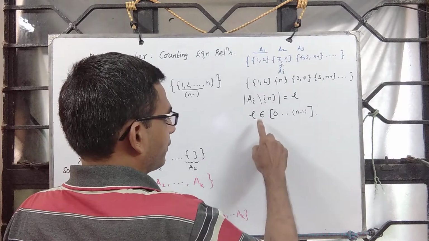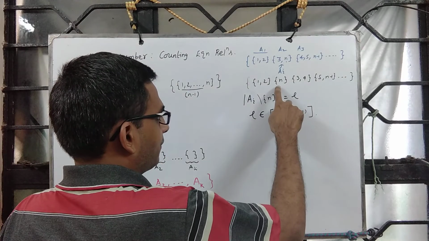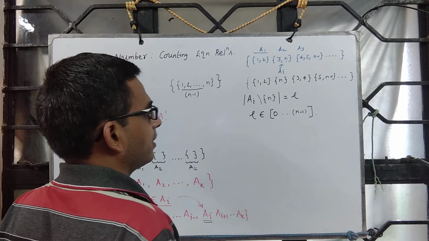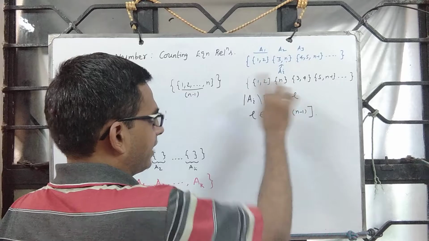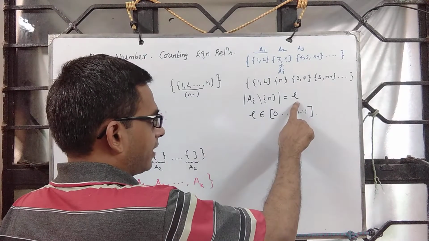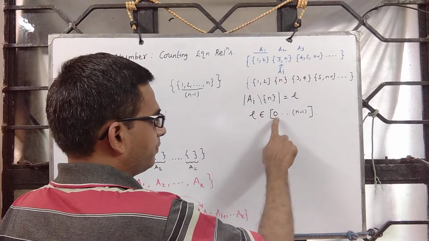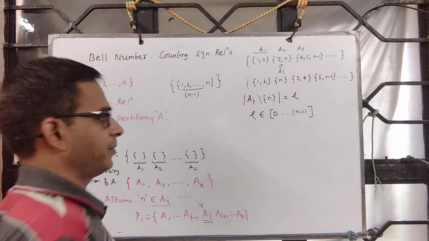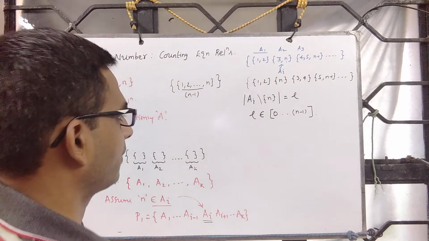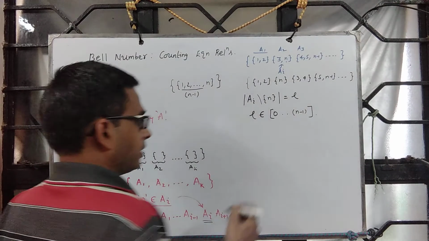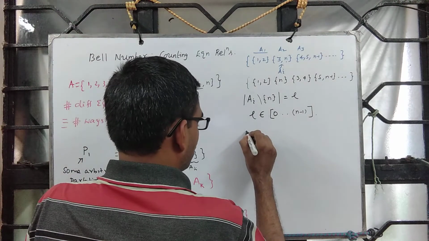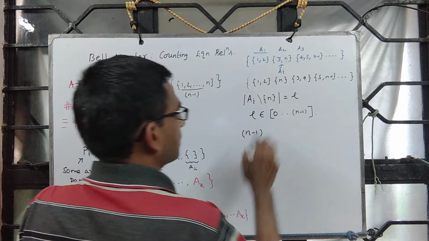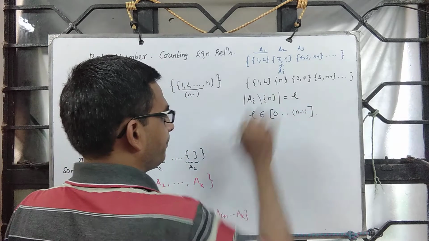So we don't know what values this set can take, and excluding n, which we say is an integer L, it could be 0, it could be 1, and so on up to n minus 1. Now, there are n minus 1 elements apart from n.